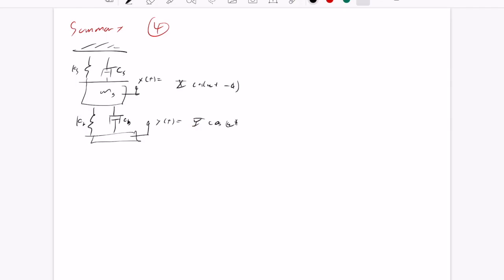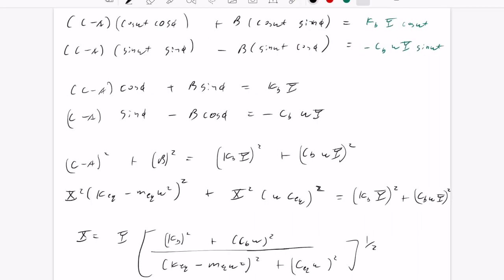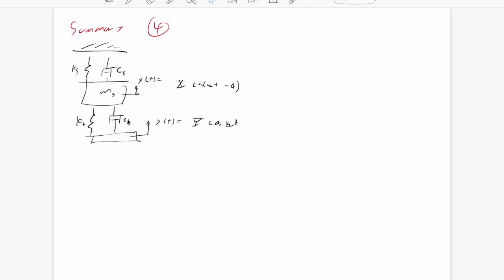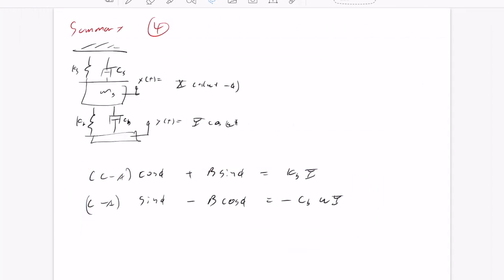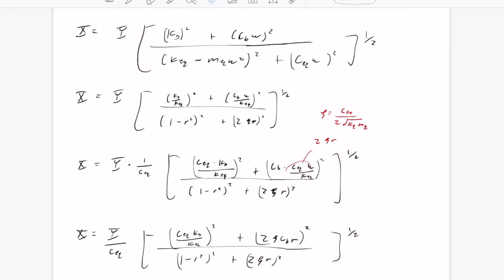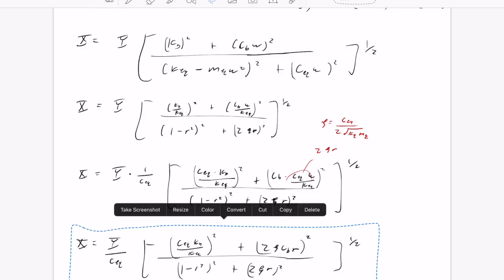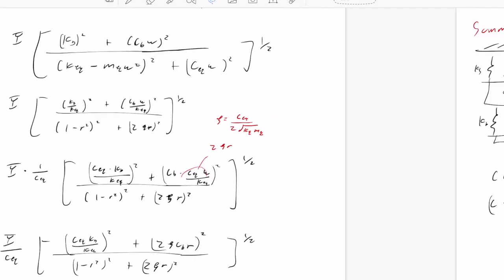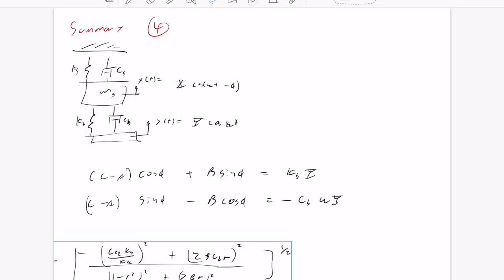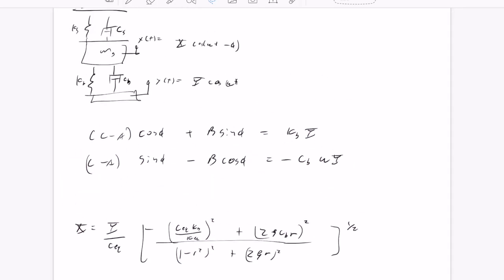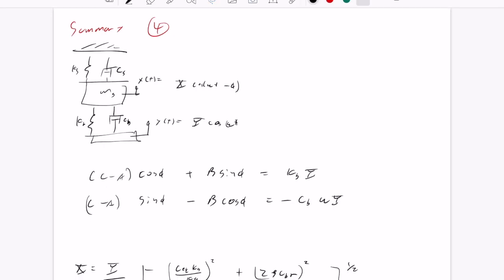Okay, our intermediate form was this, and then our final system was this. So now we have these summaries for each individual system. And don't forget our equations of motion.